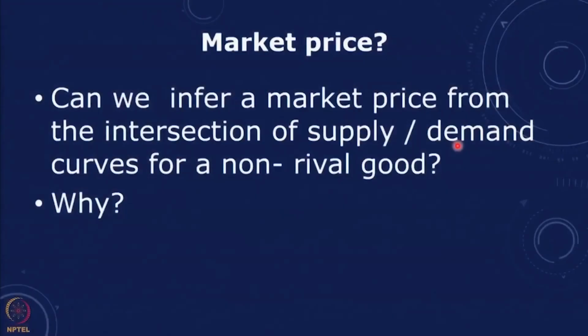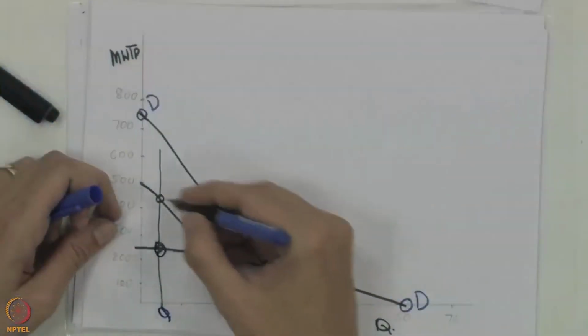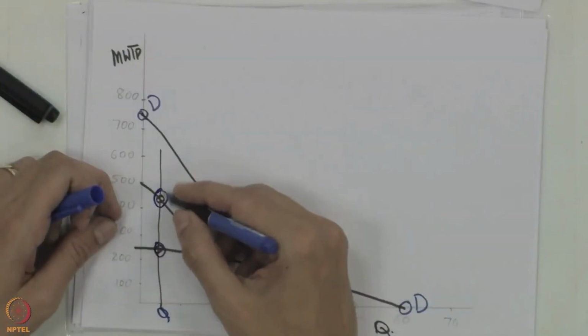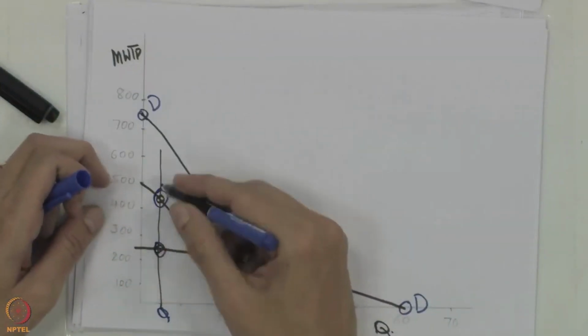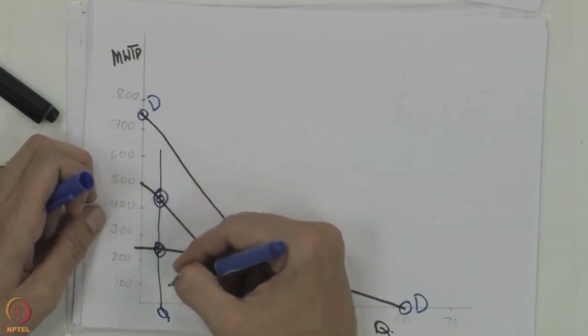But in the case of the public good, which is non-rival, we will not be able to infer the market price from the intersection of the supply and demand curves for a non-rival good. For instance, if the quantity supplied is here, we have two consumers who are actually seeing different prices.